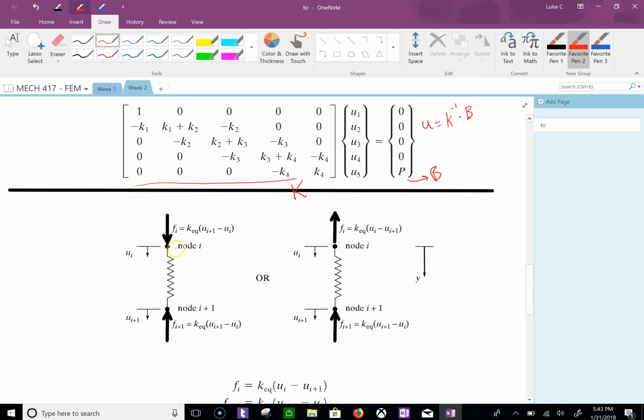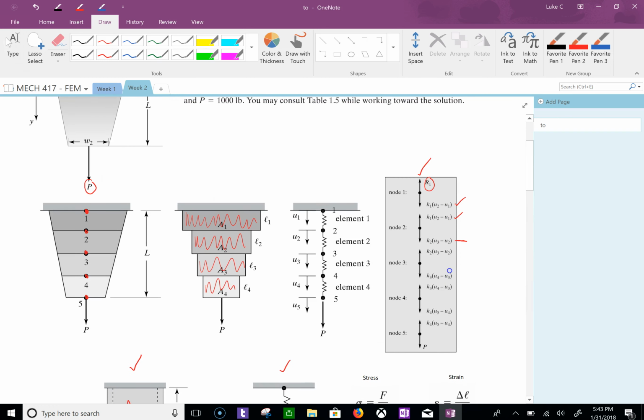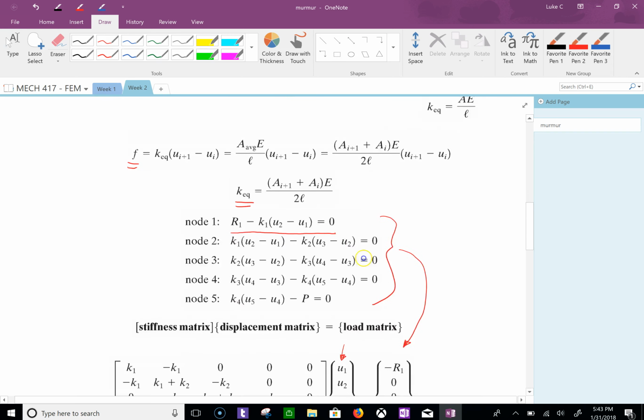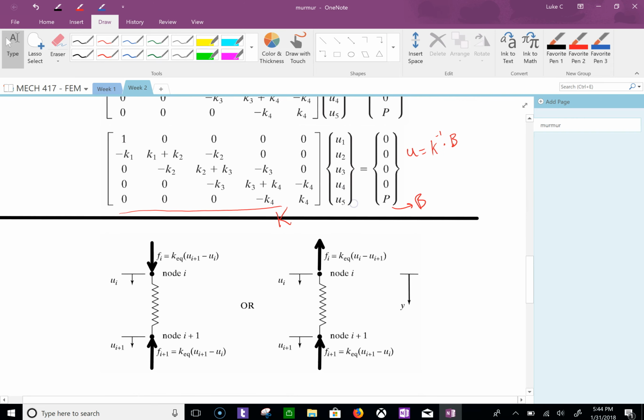So if we look at an element and we look at the internal forces, we have basically a downward arrow and then an upward arrow. So we're kind of looking, if we go back up here, to these forces right here. So those are the forces that are acting internally on the element.